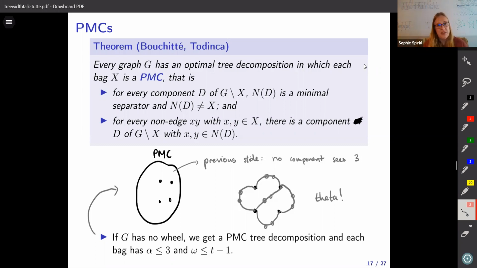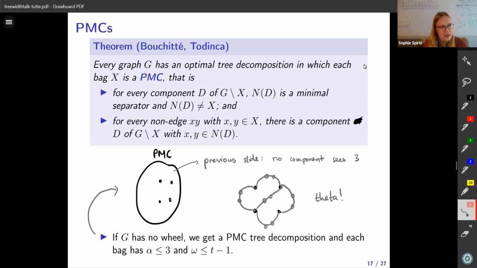It will not matter to us, but PMCs connect minimal separators to 3D compositions, right? 3D compositions don't consist of minimal separators. They consist of things that are somehow bigger than minimal separators in meaningful ways. And PMCs encapsulate that bigger than minimal separators property.